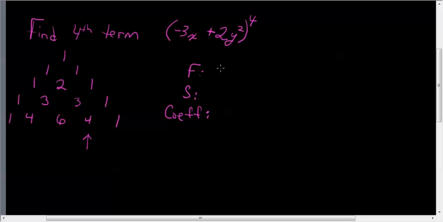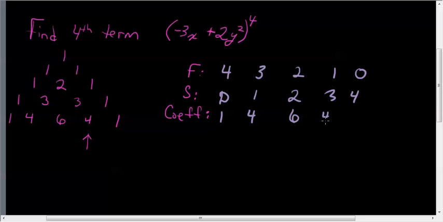The exponents of the first term are going to be 4, 3, 2, 1, and 0. The exponents of the second are 0, 1, 2, 3, and 4. And the coefficients, I've got Pascal's triangle over here, 1, 4, 6, 4, 1. Now this one asked us to find the fourth term, so that's right here.